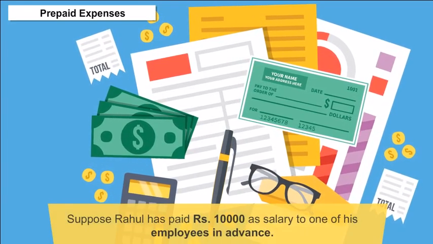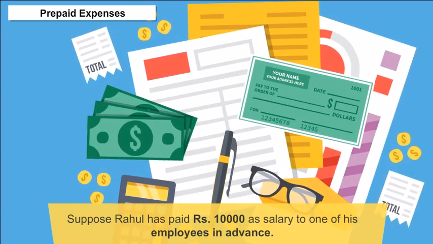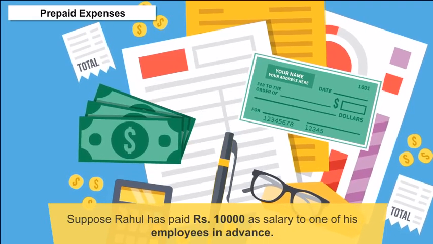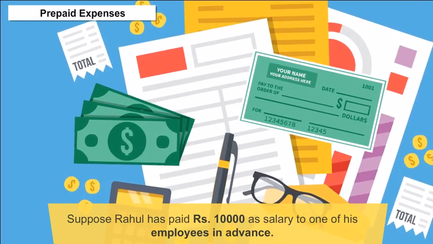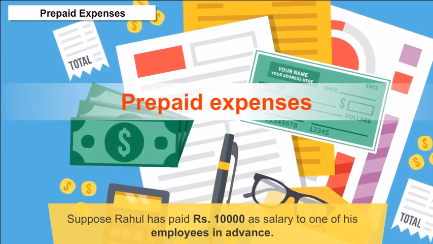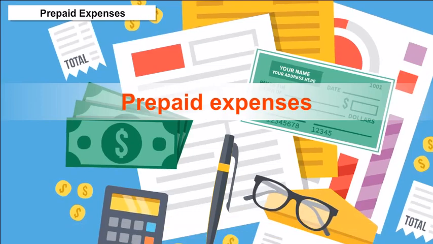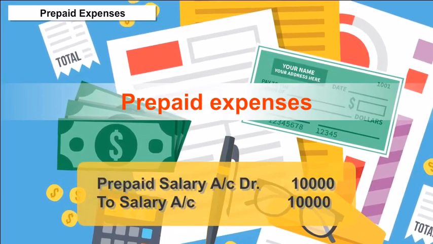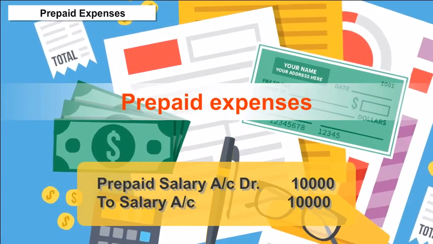Suppose Rahul has paid rupees 10,000 as salary to one of his employees in advance. So, it will be considered as prepaid expenses and entry would be done as prepaid salary account debited 10,000 to salary account 10,000.